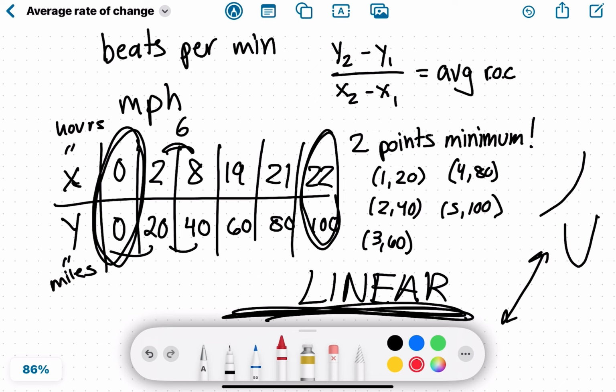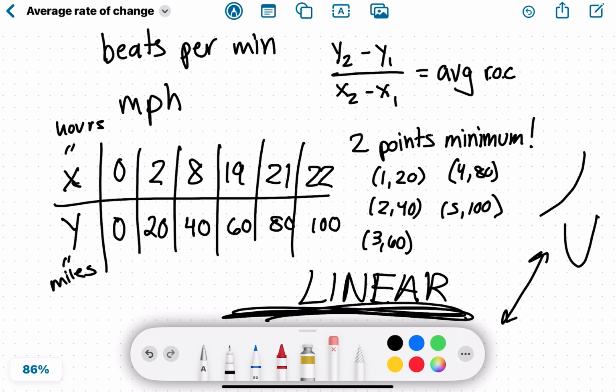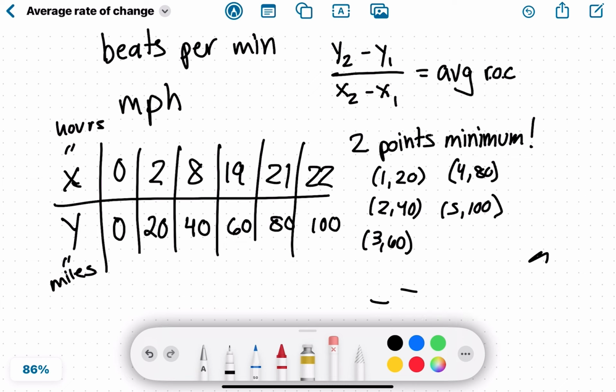So you would have to do 40 minus 20, which is 20, 20 divided by 6. And then that's how much it would go up for this interval, and so on. Super complicated. So a good rule of thumb is just to start with the beginning value and the end value, and then to calculate it from there. So you're going to take the very first value that you see, and then the very last value that you're given, and then that way calculate it.